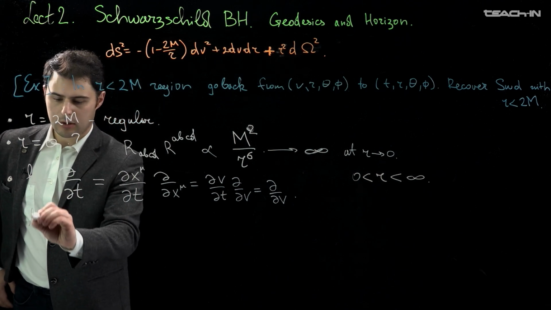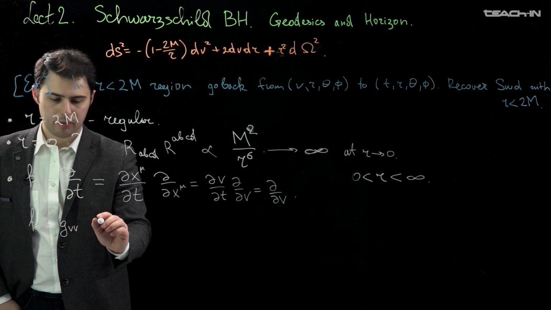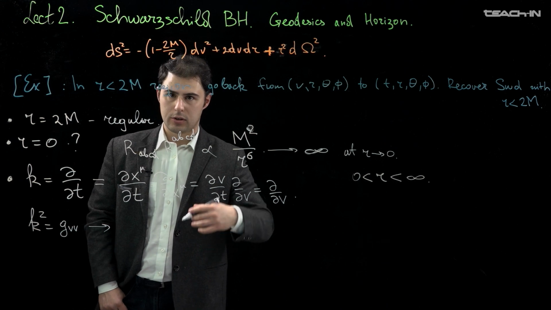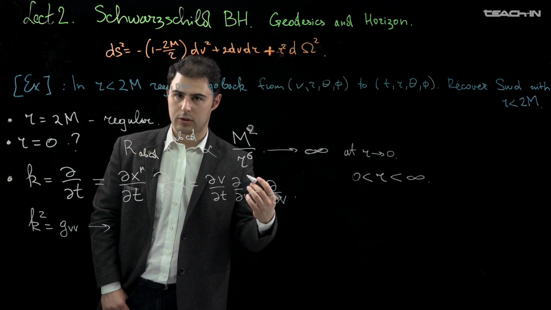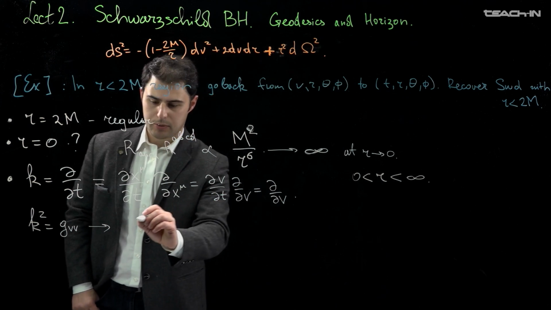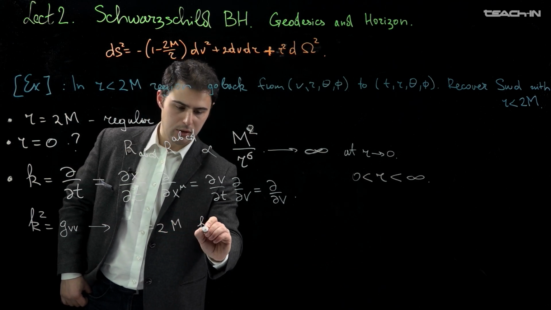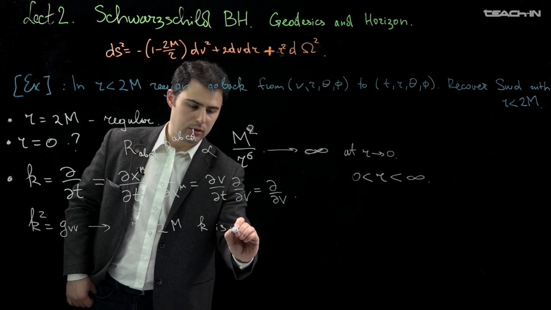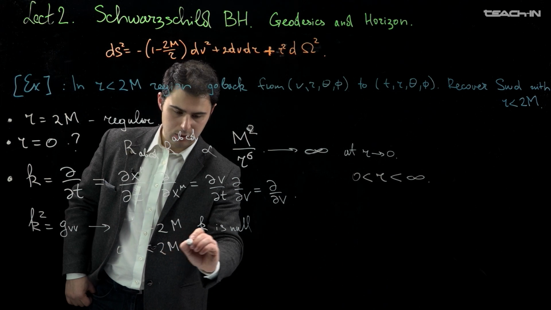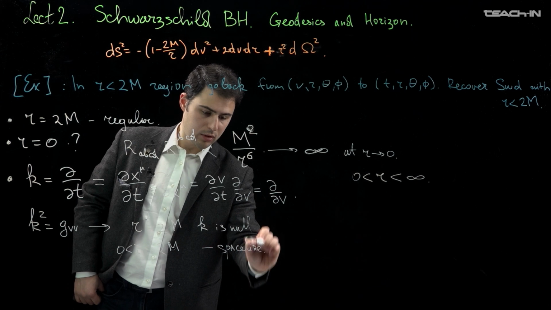Note that k squared equals g_vv. Note that at r equals 2m, our Killing field becomes null, and for the interior region, it becomes space-like.